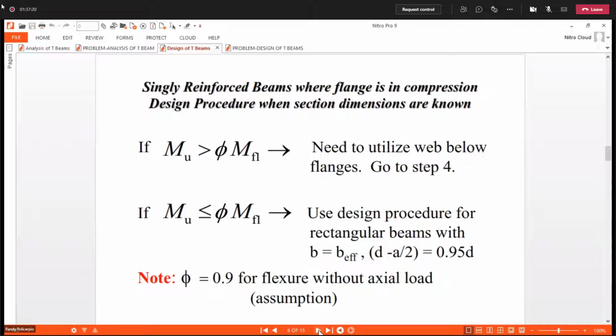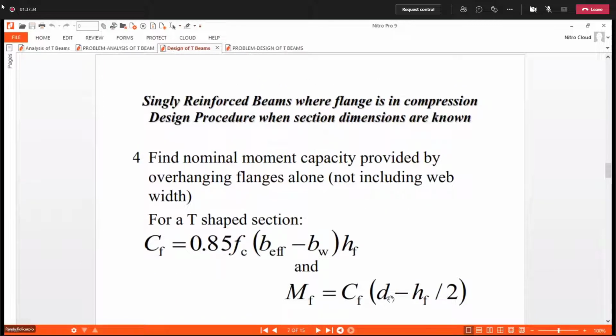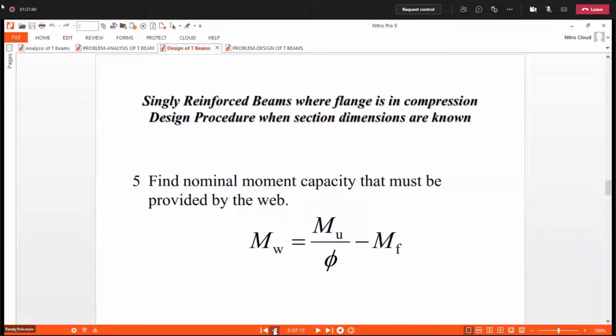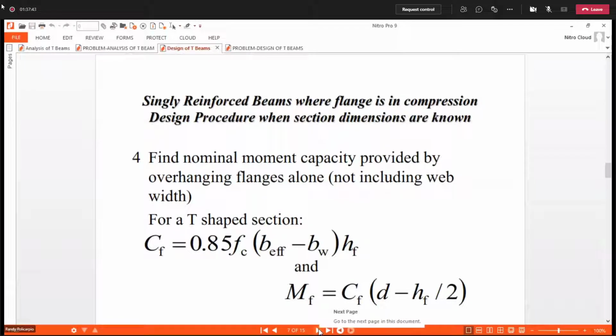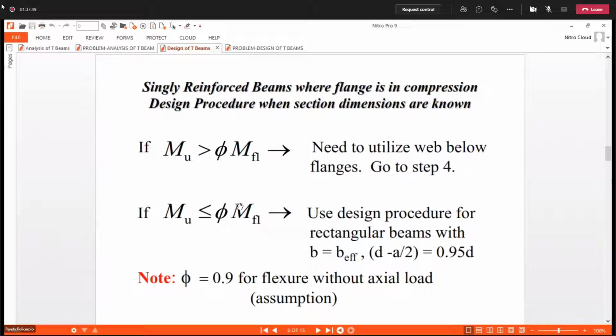And then you compare it to Mu by applying the strength reduction factor. Yung strength reduction factor natin, we will assume it as equal to 0.90. So if Mu is greater than phi Mf, need to utilize web below flanges.